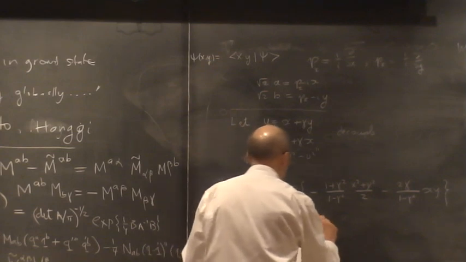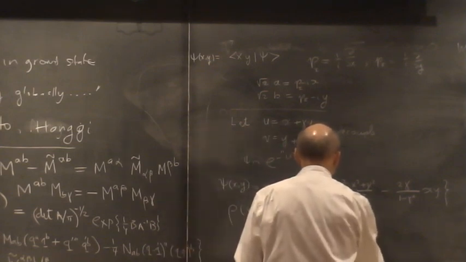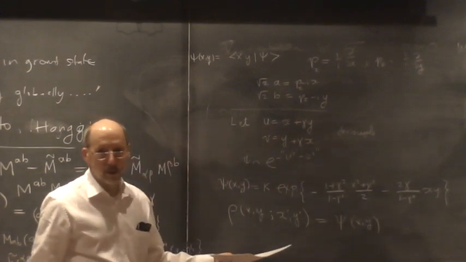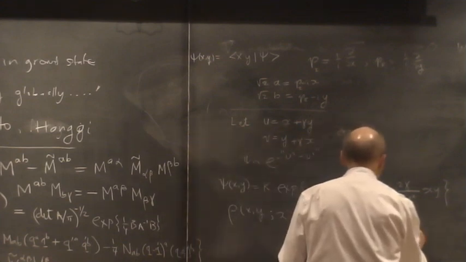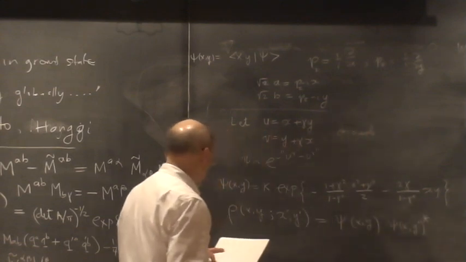And since it's just a pure state, it's just given by the product. We've been through this all before. Only it's a little simpler now because it's only one degree of freedom. So psi of xy, psi of x prime y prime star, right? So that's the pure state.